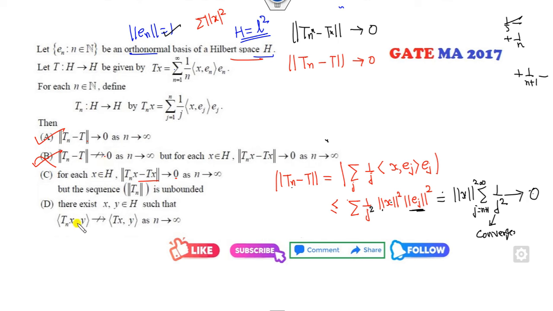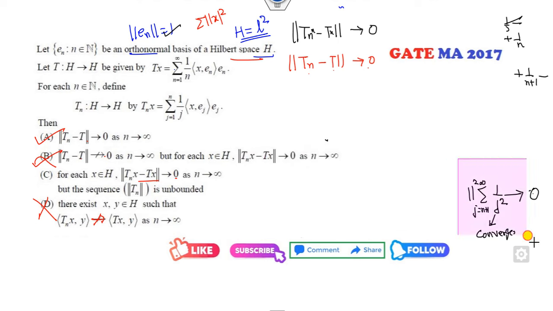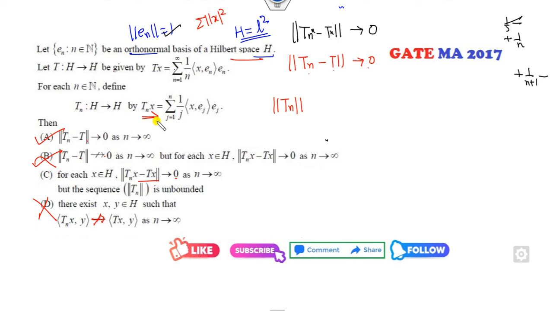And again, if Tn minus t is here, you can see this also does not belong, it is the wrong answer. Now the only thing you have to prove is whether it's bounded or unbounded. So the norm of Tn is my here. Fine. So what is the norm of this?